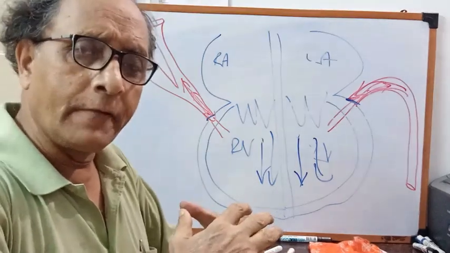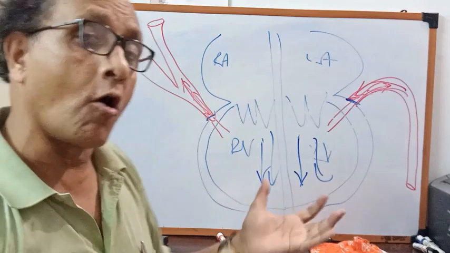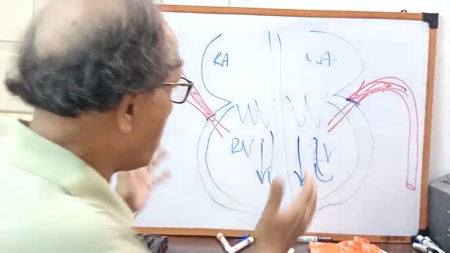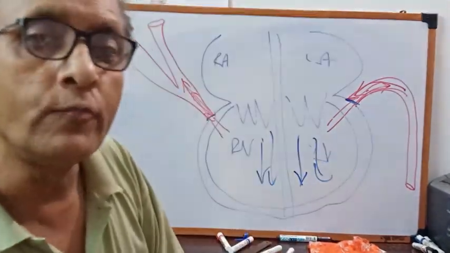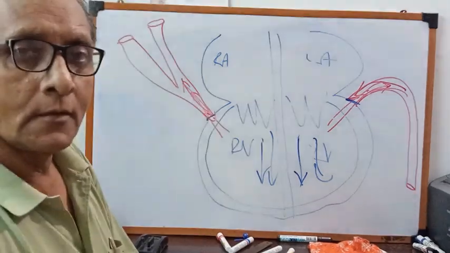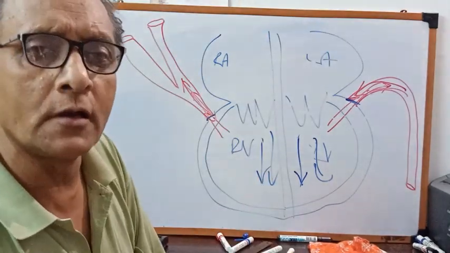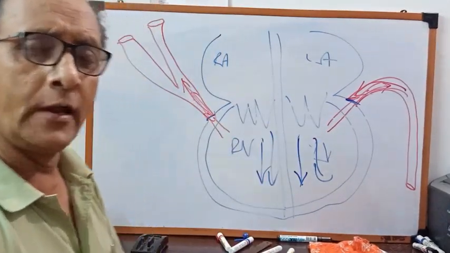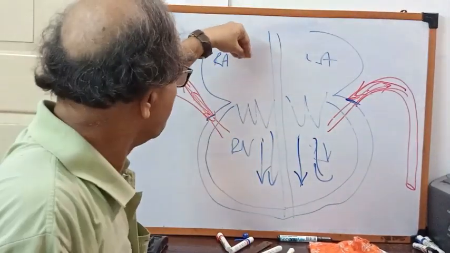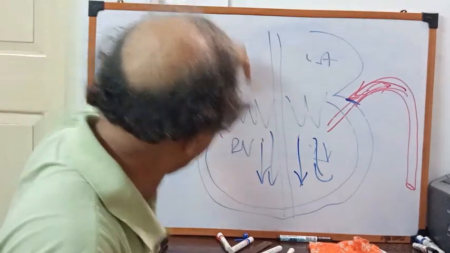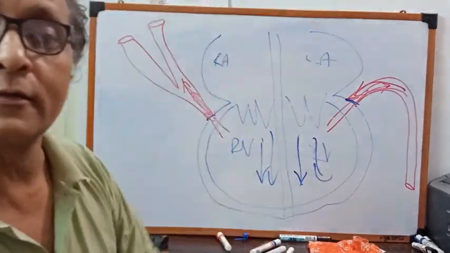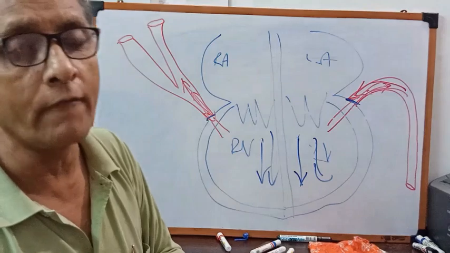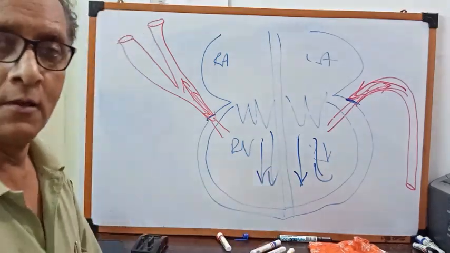So what is the onset of diastole? Onset of diastole is the isovolumetric relaxation phase, and at the end of it, the AV valve will open up. When the AV valve opens, atrial blood will get in, and that is the starting of ventricular filling.